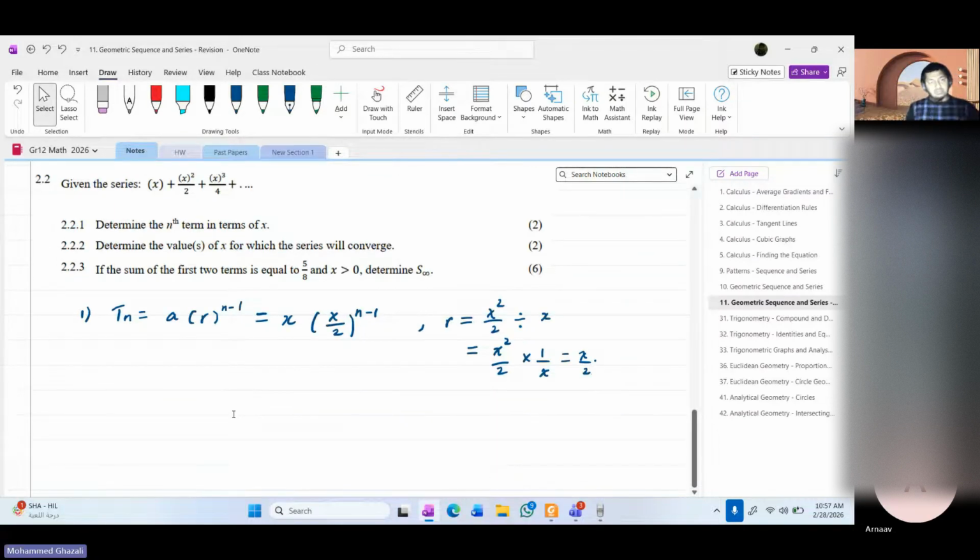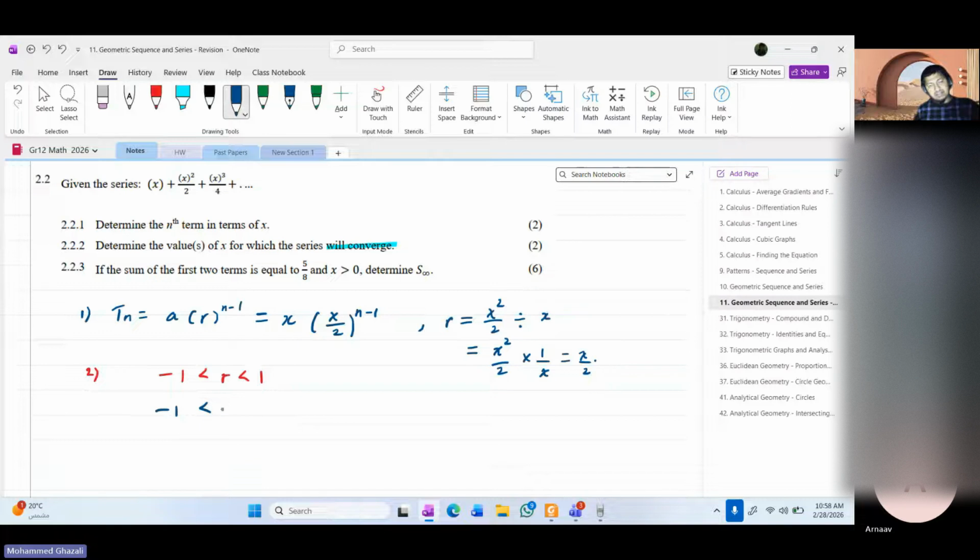Determine the values of x for which the series will converge. So when will the series converge? It will converge when the value of r is between -1 and 1. So this is how you start off: -1 less than r less than 1. Right, this is your inequality for convergence.